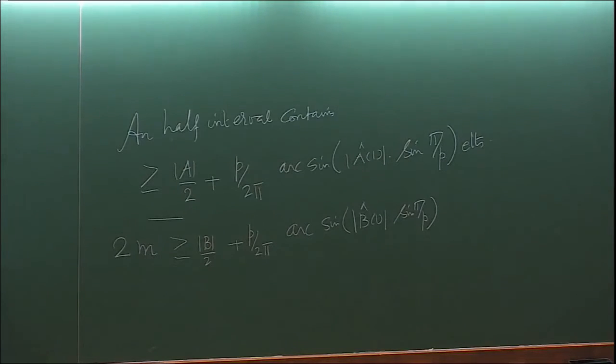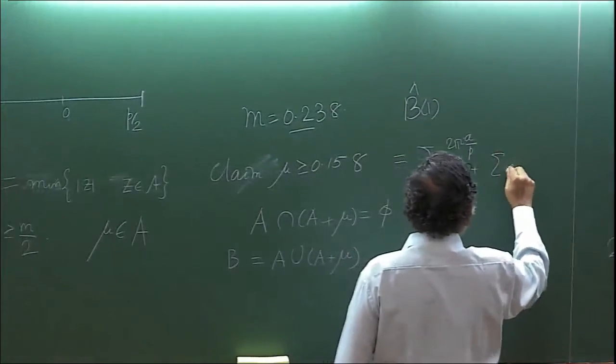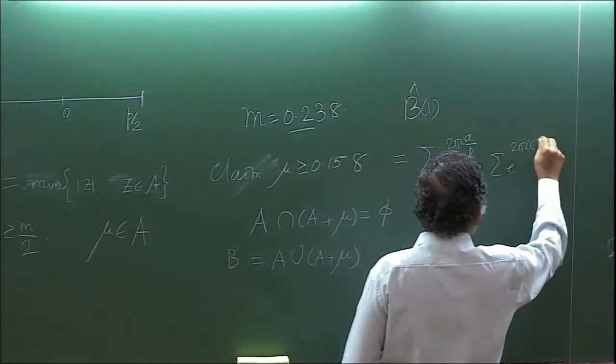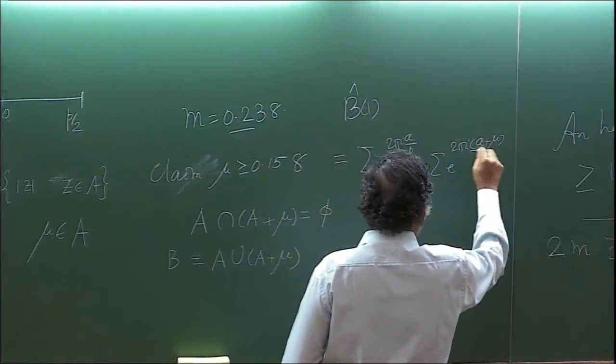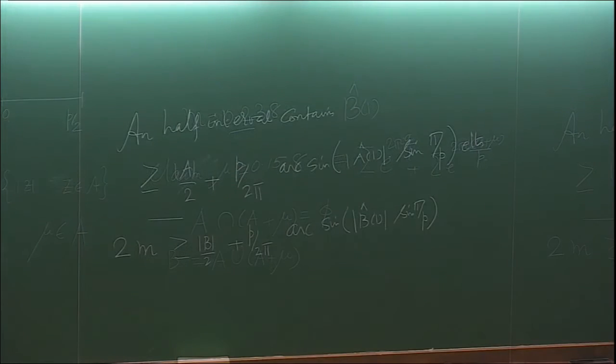Now the B hat 1 is nothing but e power 2 pi I a over p plus summation e power 2 pi I a plus mu over p. And then you can take e power 2 pi I a over p common, which is a hat 1 into 1 plus e power 2 pi I mu by p.